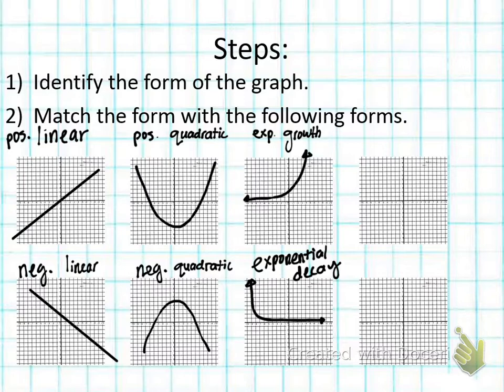Okay, the last set that wasn't on my notes up on the board, but that you should write in your notes also, is positive cubic. And this is just something you should know. A cubic function and negative cubic.